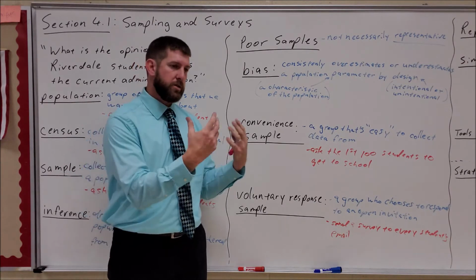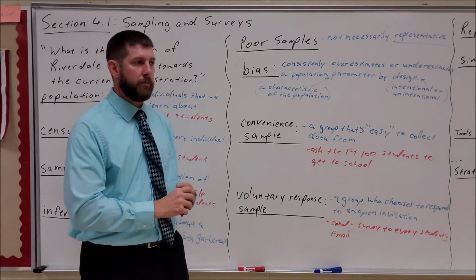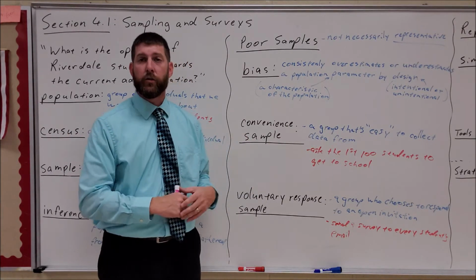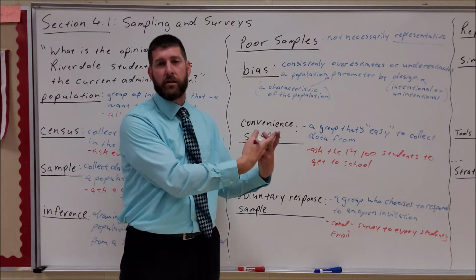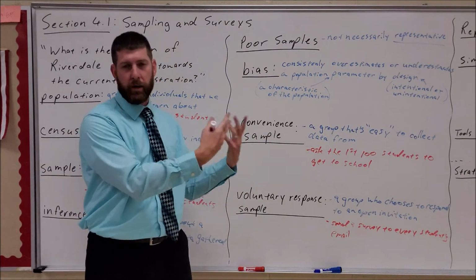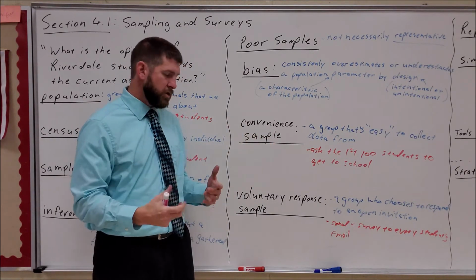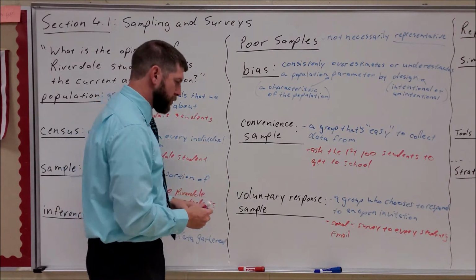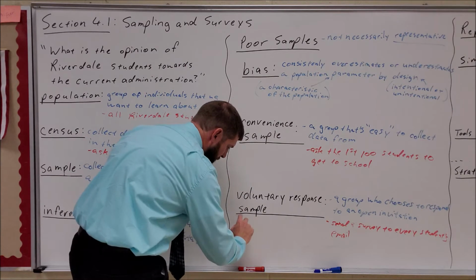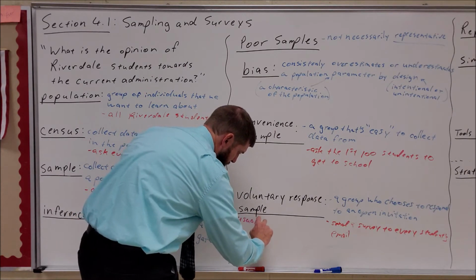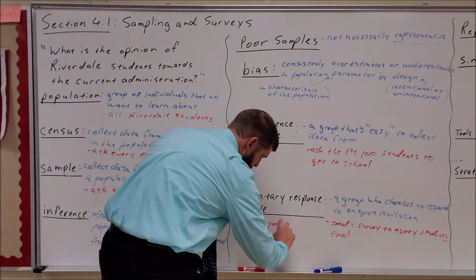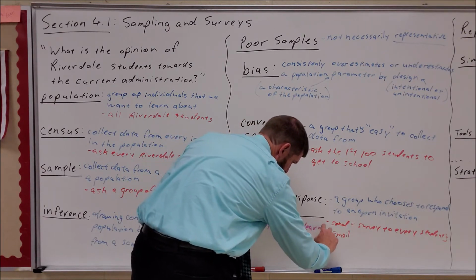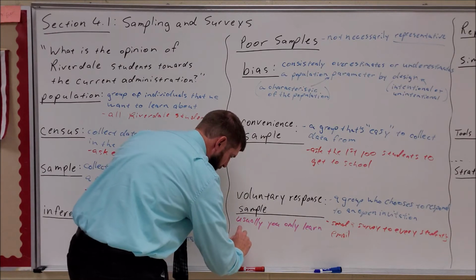Okay? Or if we're doing a student body thing and we have a basketball player who's running for student body president, then maybe all the athletes are going to be motivated to vote so that we have a basketball player as student body president. Okay? So that's how you want to go through and think of voluntary response. Usually, you only learn about the highly motivated, or highly opinionated.